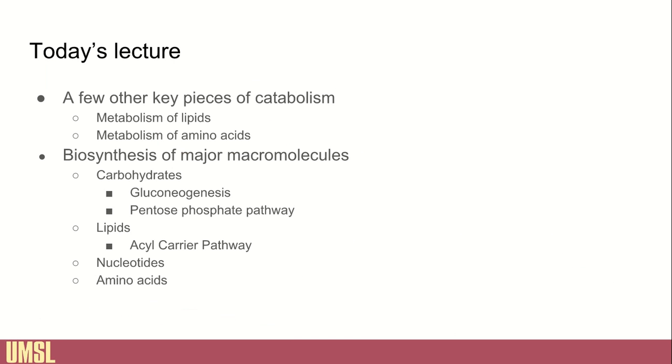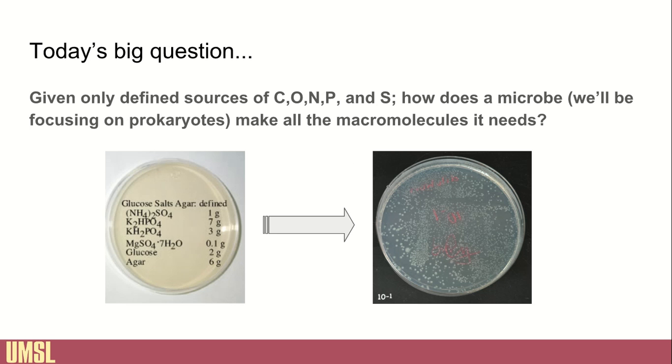So what I want to do today is to make sure that we have all of the pieces we need. And to do that, we're first going to need to address a few pieces of catabolic biochemistry that we did not cover yet. Specifically, how does a cell eat lipids, and how does a bacterial cell eat amino acids? And so these are things that are routine parts of a microorganism's diet.